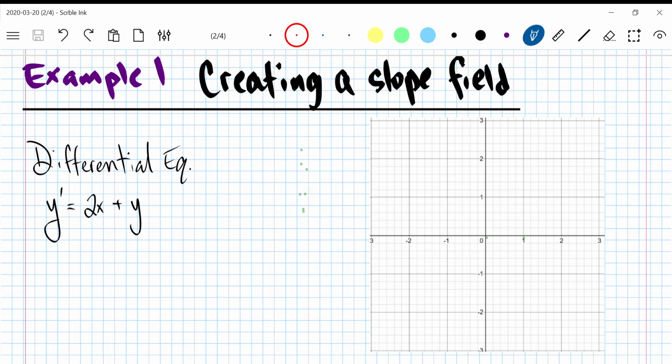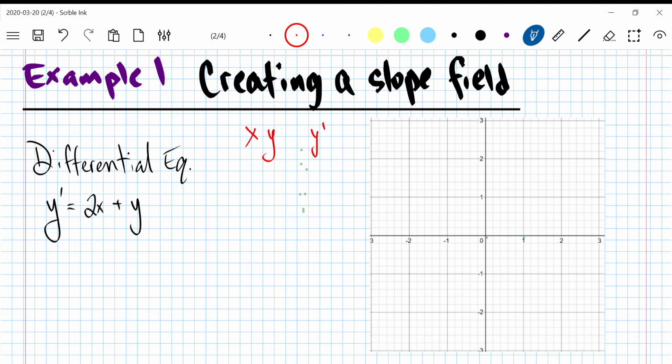So if you need to, take a minute to draw a coordinate grid here, and we're going to draw one together. The way you draw one is you make a table of values, whether you do it in your head or write it down. I'm going to pick an x and a y value, and from those two values I'm going to come up with my slope.